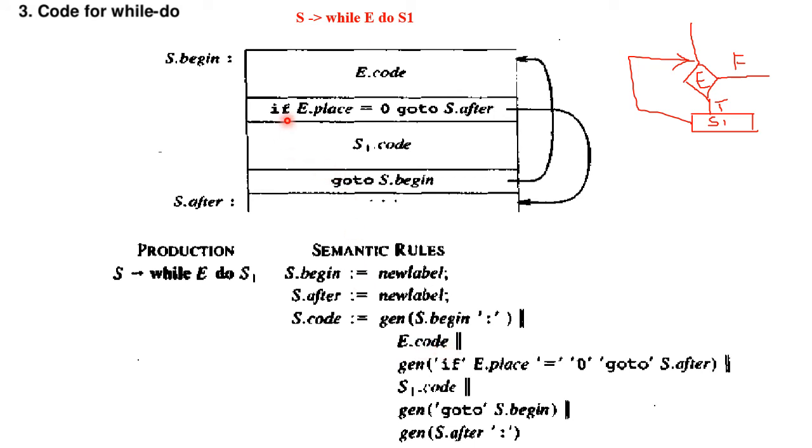Then gen if E.place equal to 0, go to S.after. Then we require the three address code corresponding to S1.code. Then we have to go to initial, gen go to S.begin. We have to create the label for exit, gen S.after.